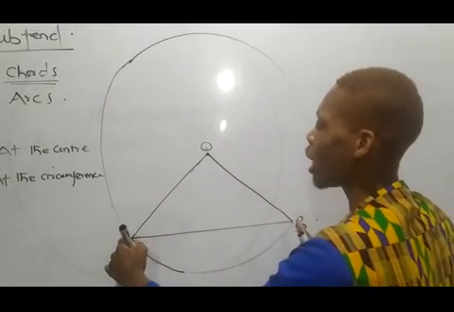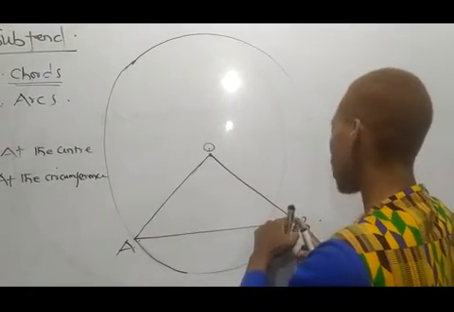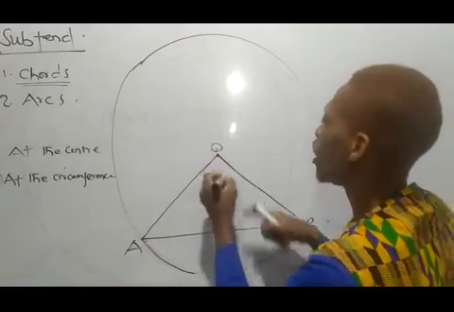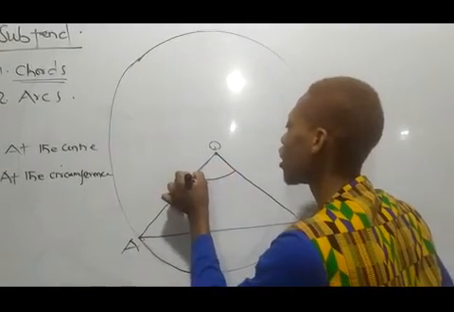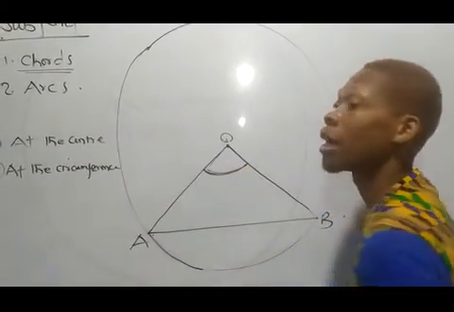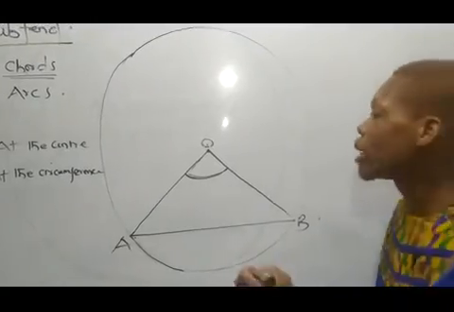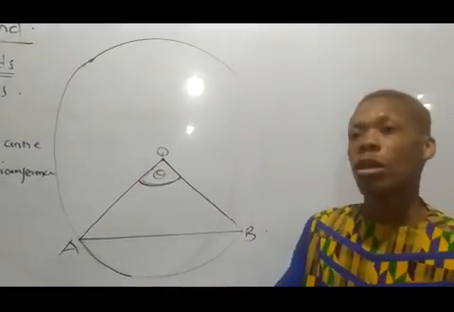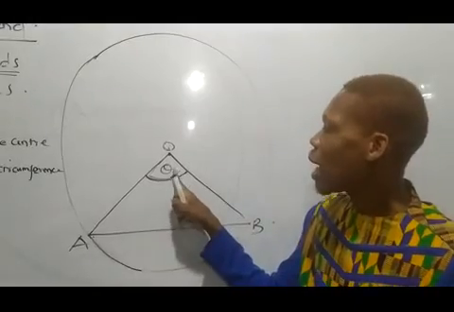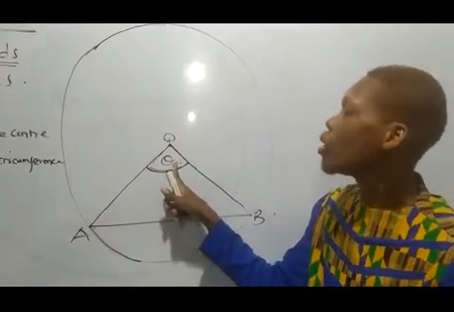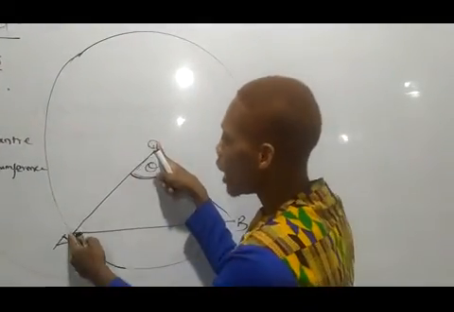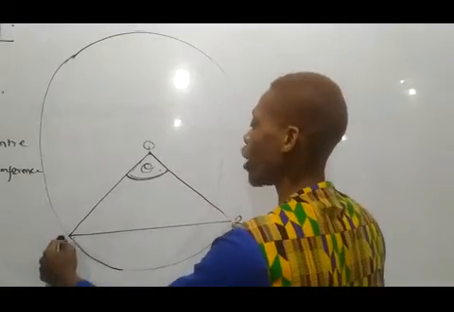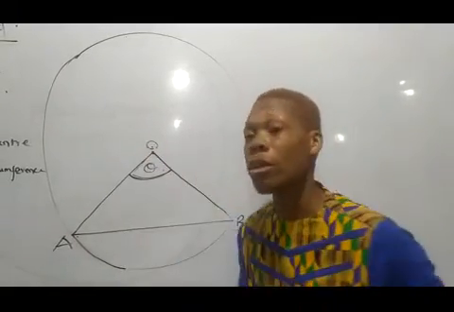If you join the line AO and the line BO, these two lines, when you join them together, you have this angle. Let me call this angle theta. So angle theta here is created by this line OA and this line OB. Where they meet, they form this angle.